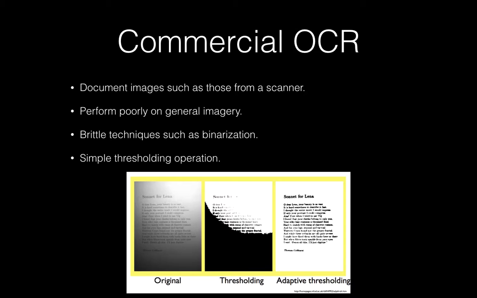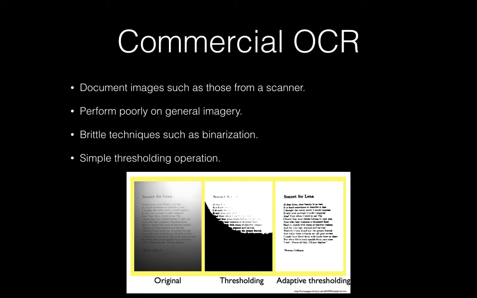So before I go through all this, I'll first talk about commercial OCR. Commercial OCR is quite well known for document images. I think everyone has used a scanner, which actually uses that technique, but it performs really poorly on general images, that is, natural text. Why is it so poor?